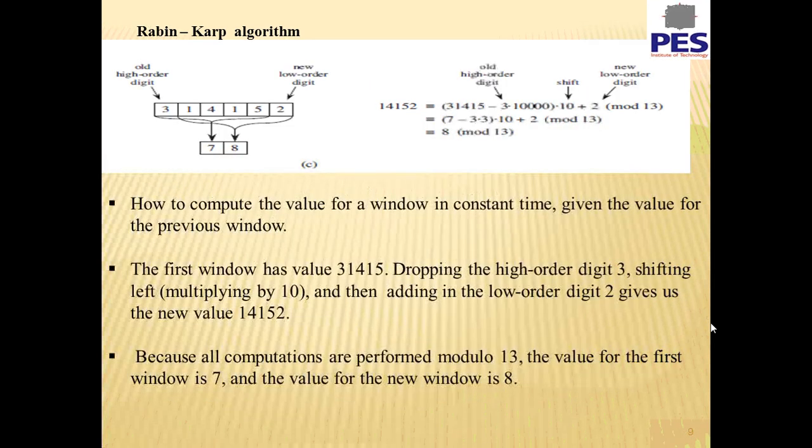So this is how we compute the remainder using the mod value, shifting from left to right, showing the new lower order digit shifted in, how many positions to shift, and the old higher order digit being removed.